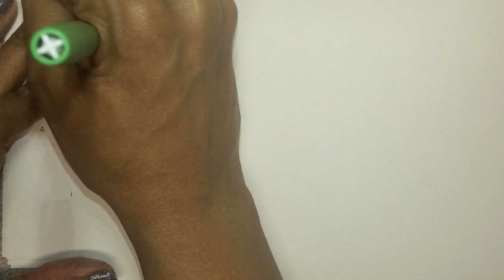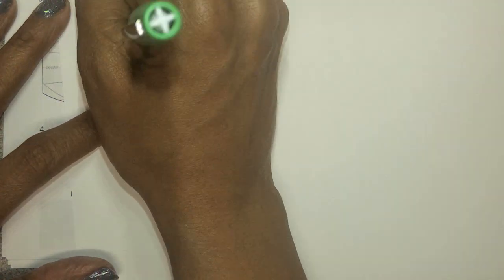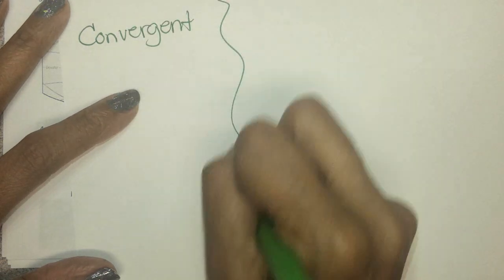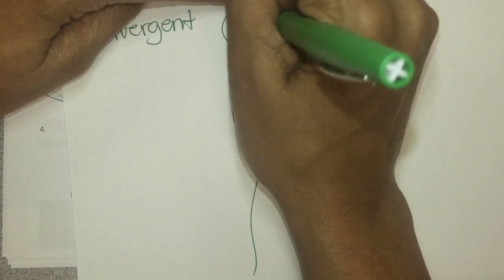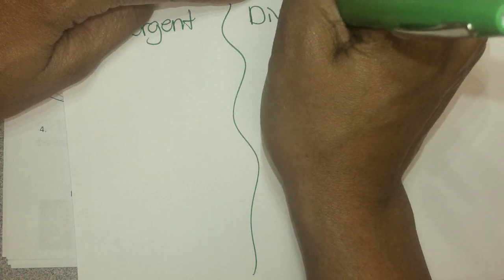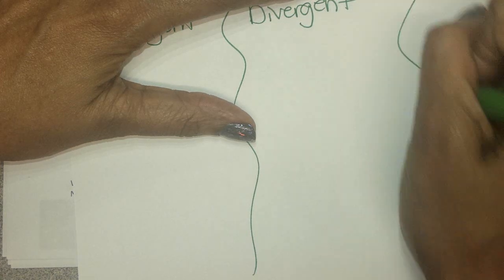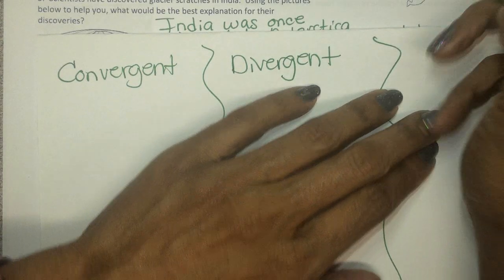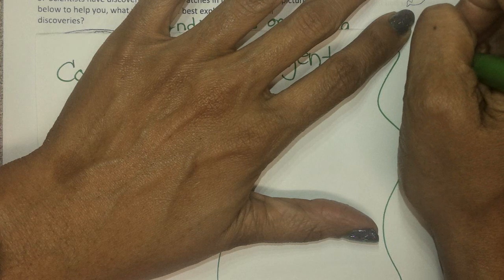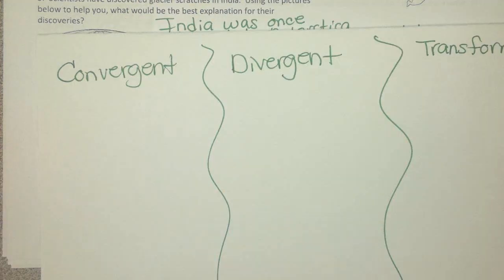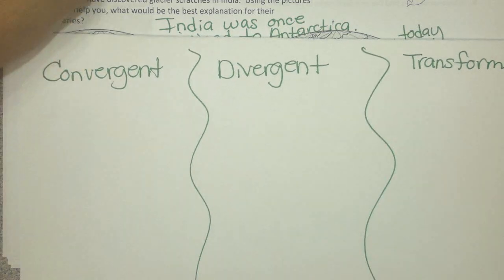We have convergent, divergent, and transform. Okay, so those are your different plate boundaries.